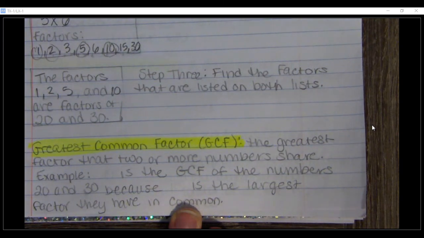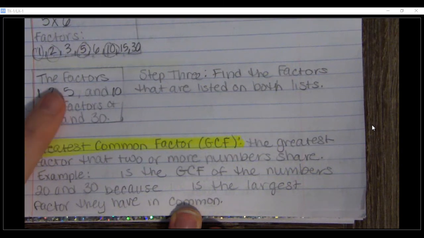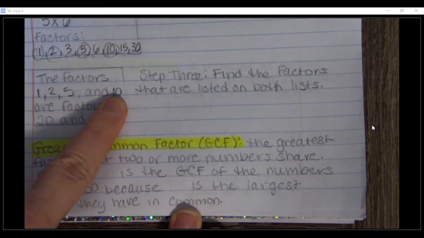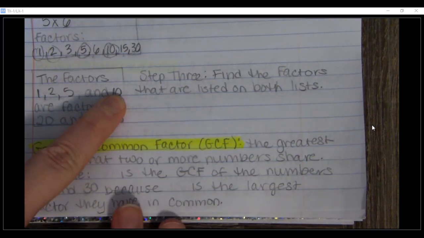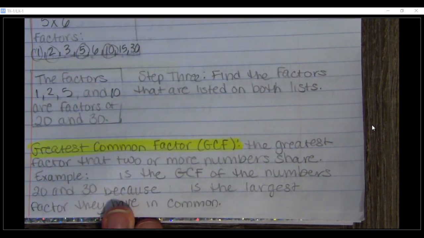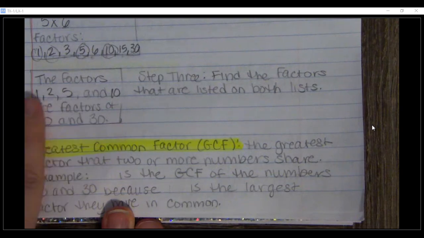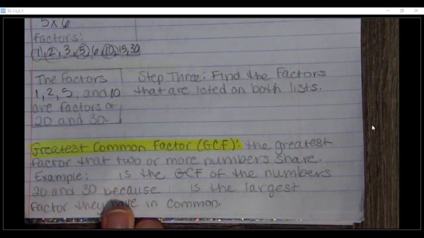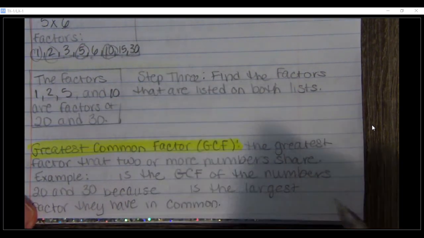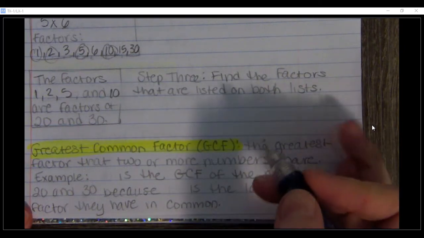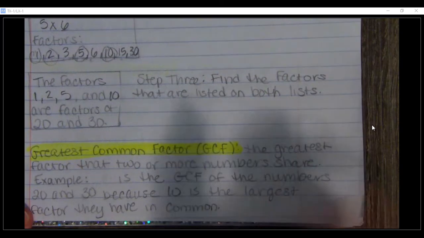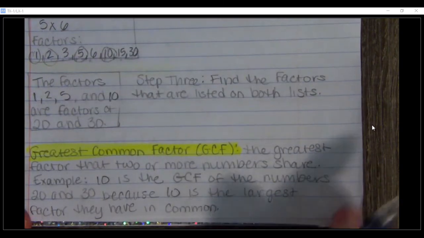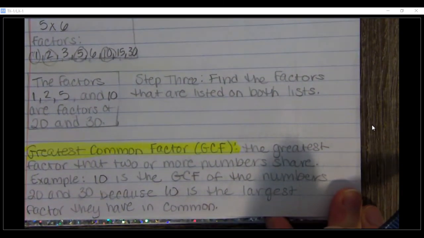So we had 1, 2, 5, and 10 that were the factors of 20 and 30. The biggest of these numbers is 10. Therefore, the greatest common factor of the numbers 20 and 30 is 10, because 10 is the largest factor that they have in common.